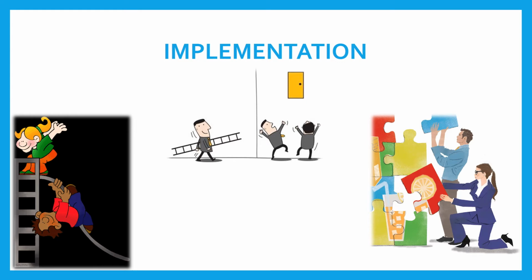Coming to the implementation stage. Strategy formulation itself is not sufficient. It should also be implemented well: who, when, where, and how the goals will be achieved. Identification of organizational structure and processes is important. But a structure that may be suitable in one country may fail in another country.